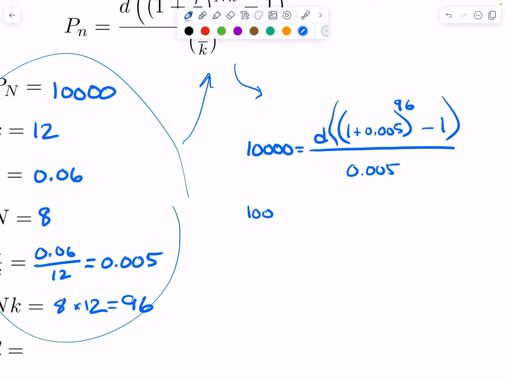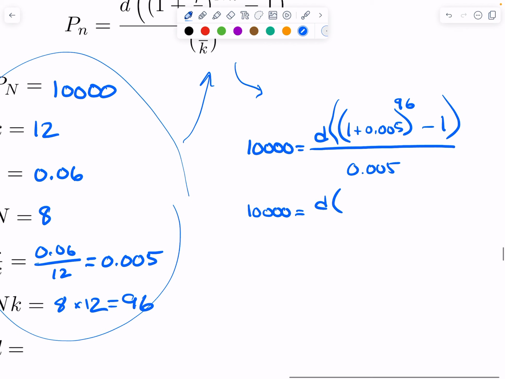So do this in stages. It's much safer that way. So on my calculator, I will do, okay, I'll write it down. 1.005 to the 96th minus 1.